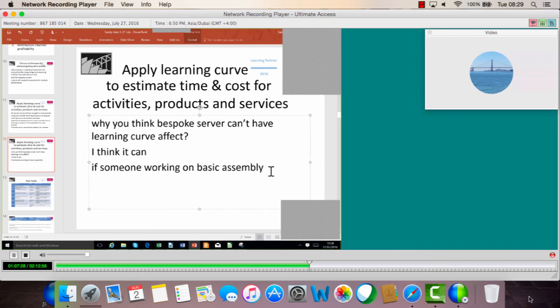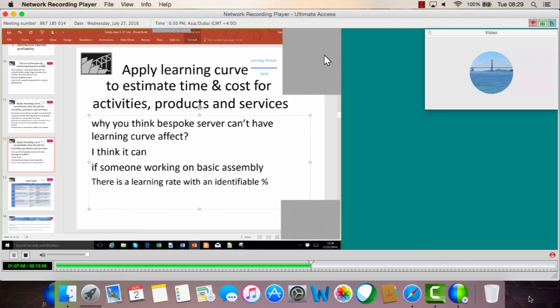I think on the basic assembly there's a learning rate with an identifiable percentage.